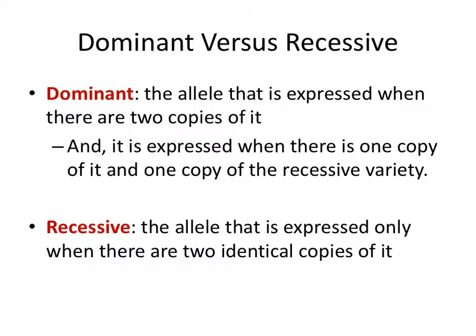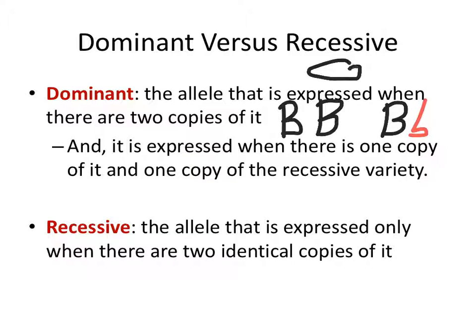So a dominant could be B, B, or B, little b, but it will be a black coat color.